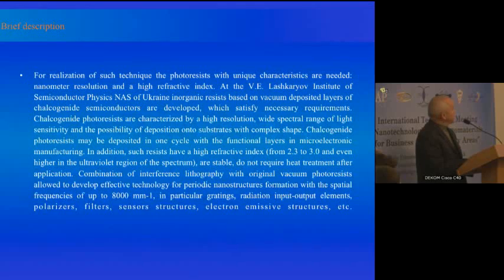The standard photoresistors do not comply with these requirements, but the Institute of Physics of Semiconductors developed inorganic photoresistors based on chalcogenide semiconductors, which are characterized by resolution of 10 nanometers, a wide spectral band of sensitivity, and the ability to form complex form bases.